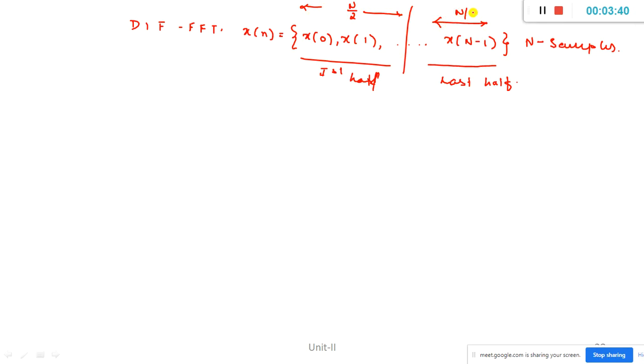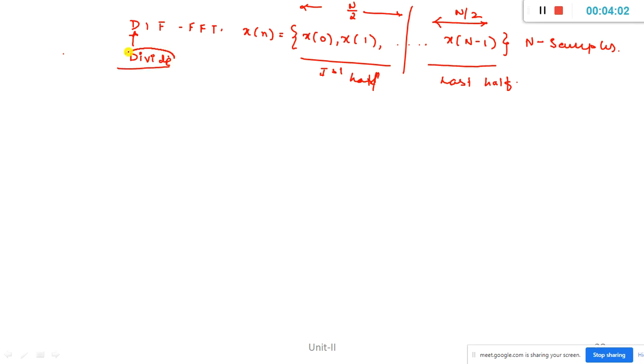In the earlier case, that is in the DIT FFT method, we divided the x of n sequence in terms of odd sequence and even sequence. So this is a decimation. What do you mean by decimation? It is nothing but divide.